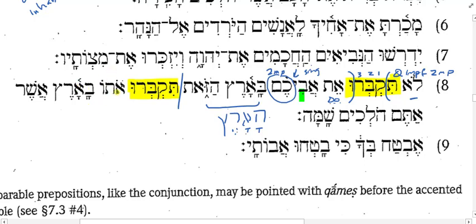What is this, otho? Yeah, this is him. This is the 3ms pronoun attached to et. Which et is this? Is this the direct object marking et, or is this the preposition with et? Direct object. This is the direct object marker, right?